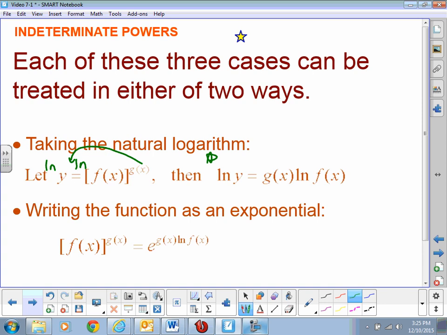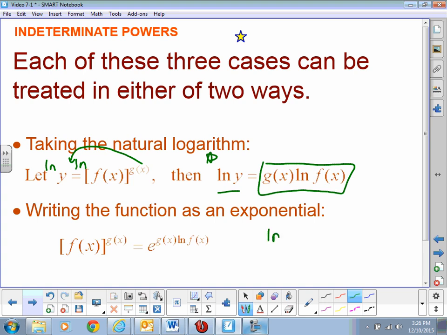You will go ahead and you will evaluate this limit. Really what you'll be doing is finding the limit of the natural log of y. Because you're really finding the limit of the natural log of y, you will have to then get y by itself after you find your answer and do e raised to your answer.